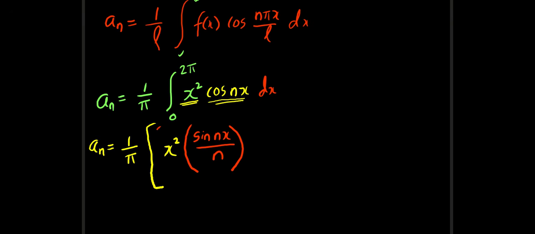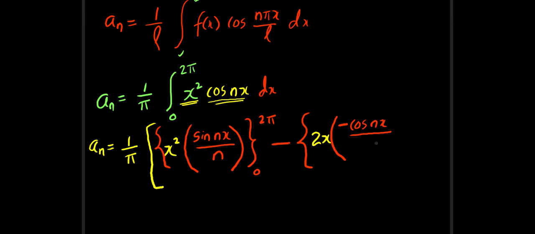Anyway, it's a definite integral, so we should put limits 0 to 2 pi. Okay, now minus, inside another bracket. Look at this, x square will become 2x, and the quantity inside the bracket: what's the integral of sine nx by n? That will be minus cos nx the whole divided by n square within the limits 0 to 2 pi.